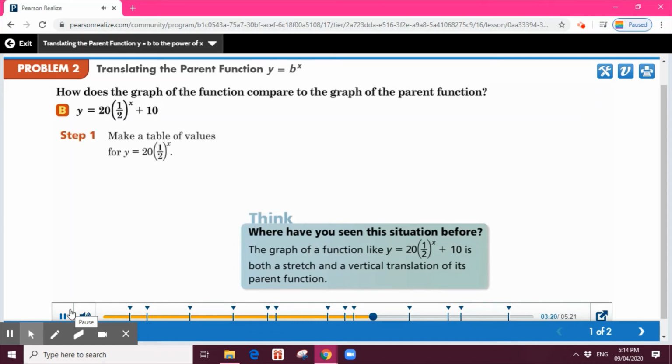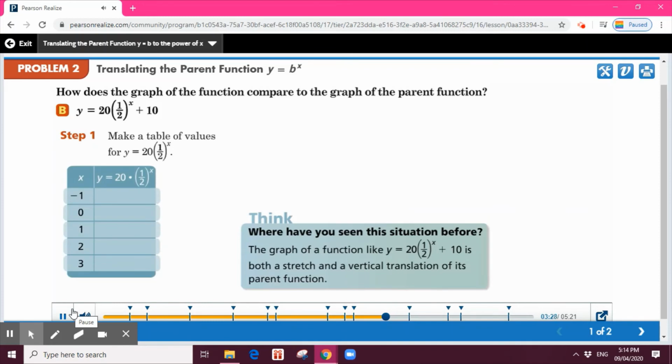Step 1. Make a table of values for y equals 20 times 1/2 to the x power. Substitute each x value into the equation y equals 20 times 1/2 to the x power. When x equals negative 1, y equals 40. Continue to substitute each value of x into the parent function to find the y values.